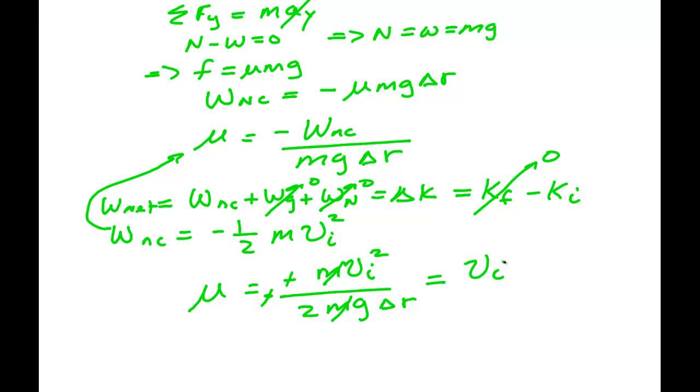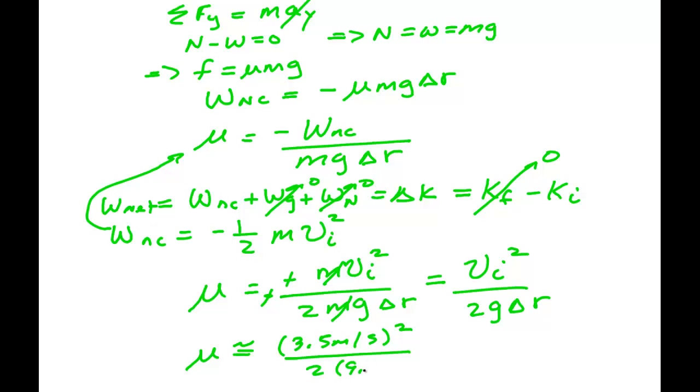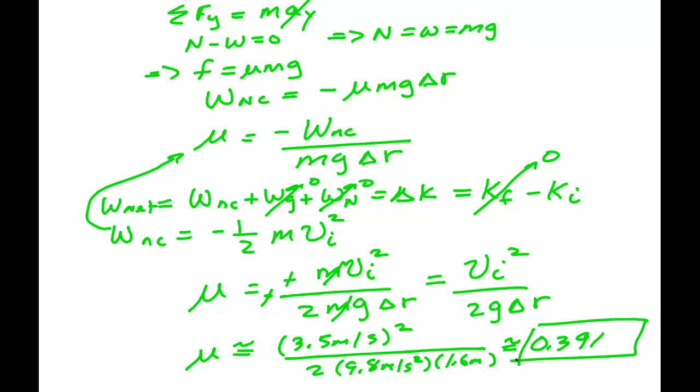So it's v i squared over 2g delta r. Mu is approximately the speed, 3.5 meters per second, squared, over 2 times 9.8 meters per second squared times 1.6 meters. Put all that in, 0.391. That's the coefficient of kinetic friction. And that's the end of test 8.